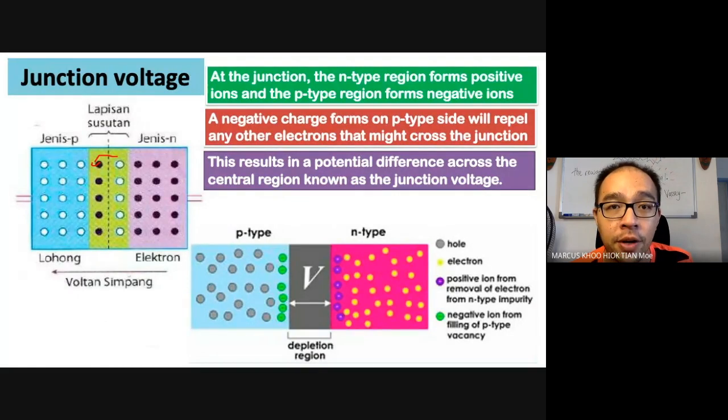And the P-type region forms negative ions here because the electrons have already jumped over here. So because of that, this results in a potential difference which is known as the junction voltage. A negative charge on the P-type side will repel any other electrons that might cross the junction.